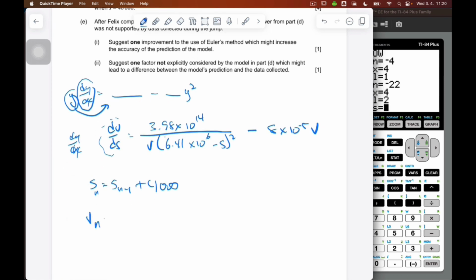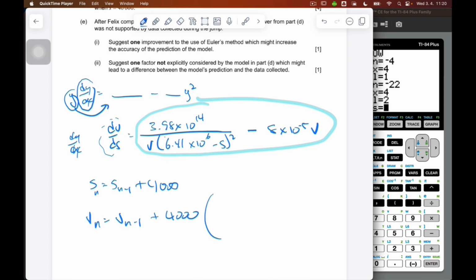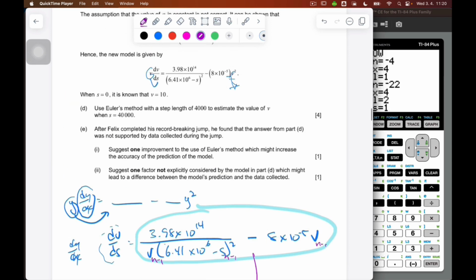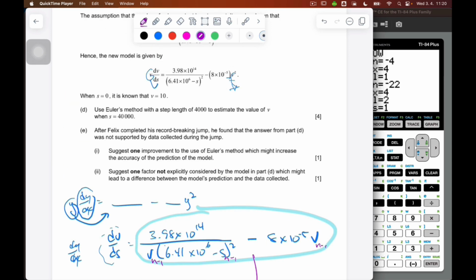Whereas v n will be v n minus 1 plus 4,000 times this entire part, but I am going to have to put in an n minus 1, an n minus 1, and an n minus 1. That goes in here with my initial value of s equaling 0 and v equal to 10, because that is what we are told.